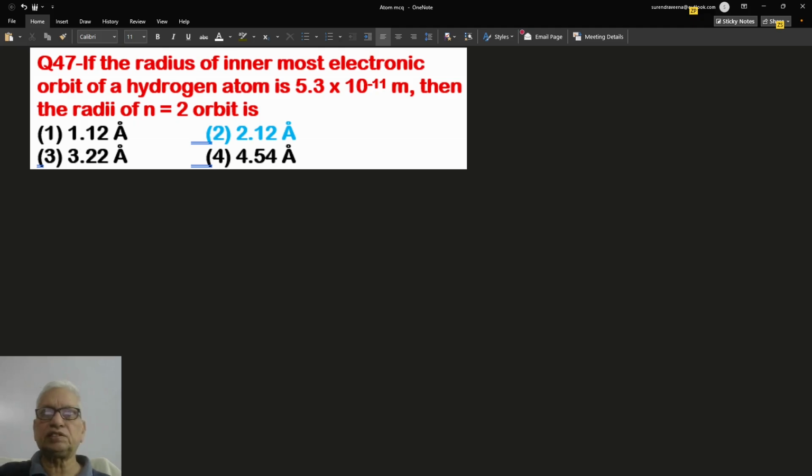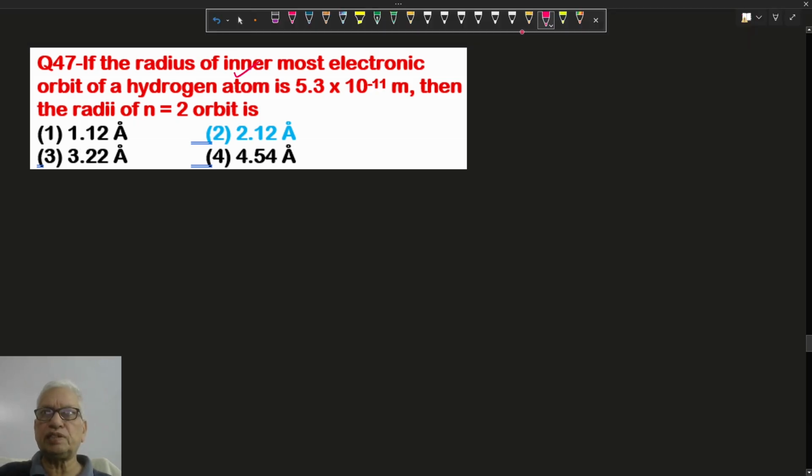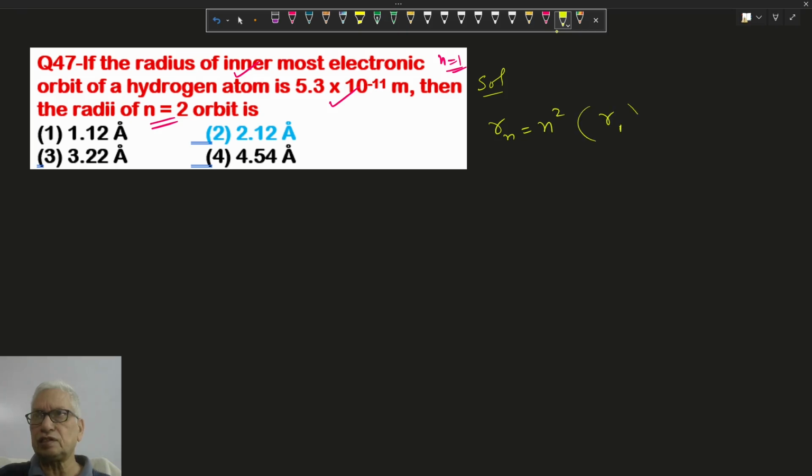Hello, in this question, the radius of the innermost orbit, n is equal to 1, is 5.3 into 10 to the power minus 11. We have to find the radius of n is equal to 2. We know radius Rn is equal to n squared times the radius of the first orbit, which is given in the question as 5.3 into 10 to the power minus 11 meter, R1.